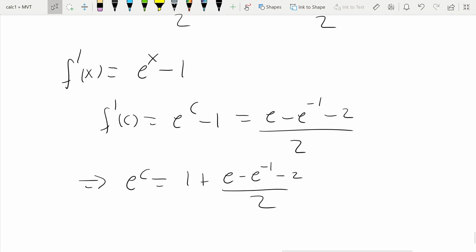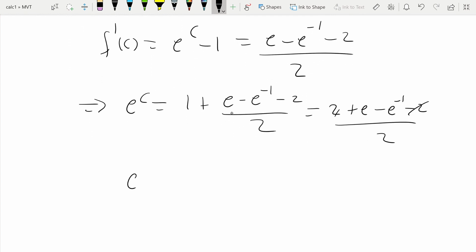Okay, I want e to the c to be equal to 1 plus this, which is the same as 2 plus e minus e to the minus 1 minus 2 divided by 2. The 2's here cancel out, and we get e to the c is equal to e minus e to the minus 1 divided by 2.